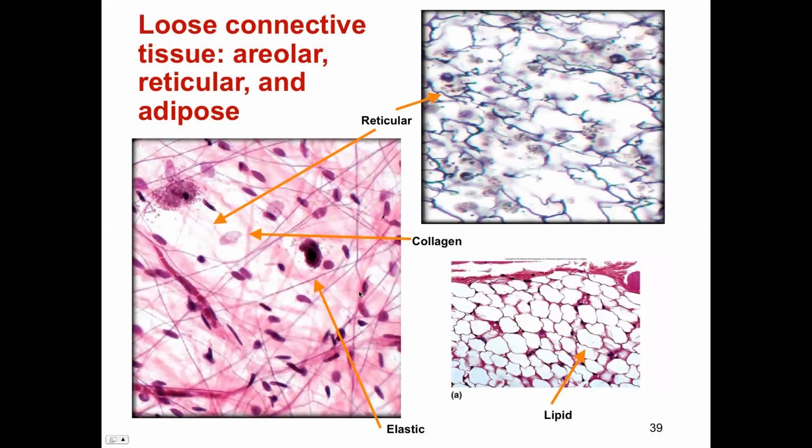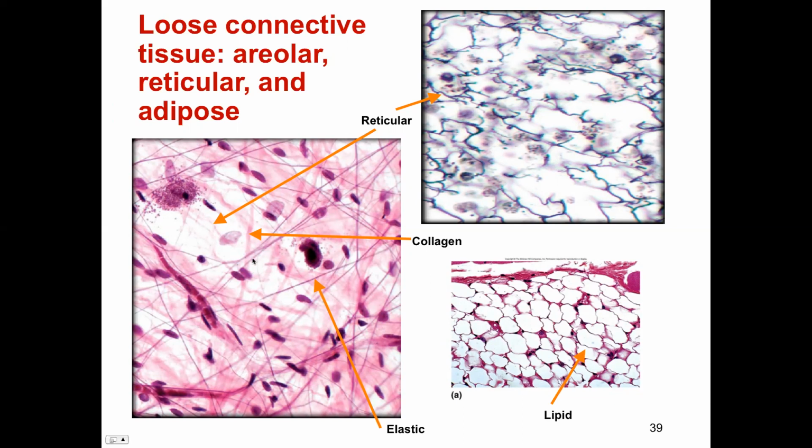Okay, so here you can sort of compare and contrast these. Here you can see loose connective tissue in different cases. Here you can see your lipid in your adipose. Here you can see some reticular fibers. Sometimes they'll help you by staining the reticular fibers. They'll appear sort of black, but that can be confusing because elastin can also be stained black.